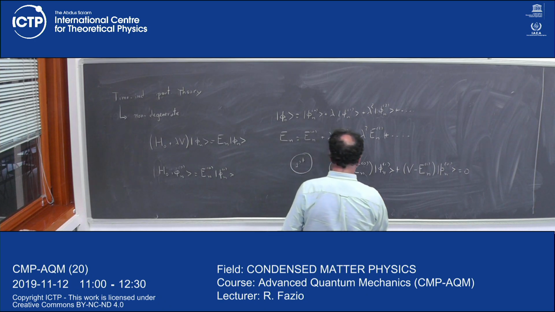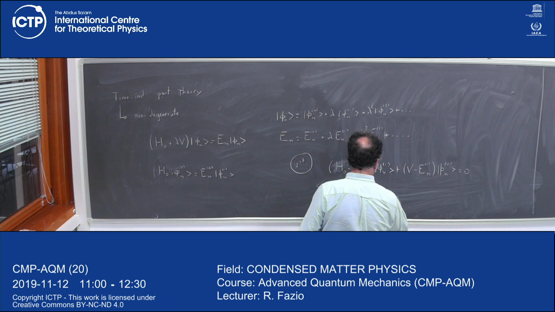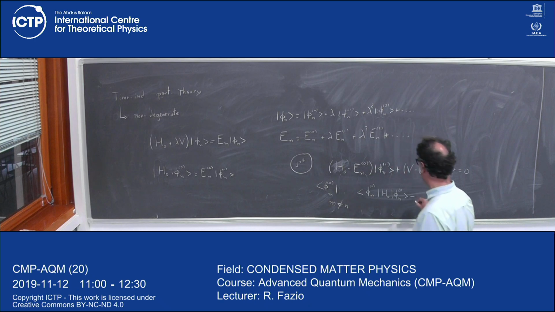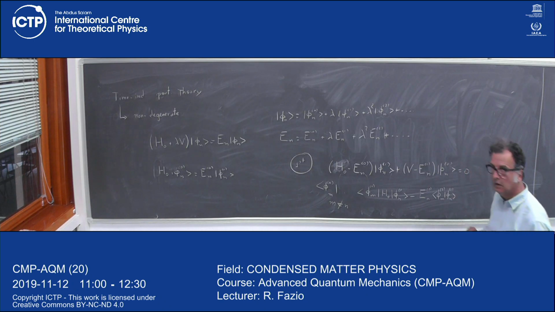We get phi0 of m H0 phi1 of n minus E0 of n phi0 of m phi1 of n, right?